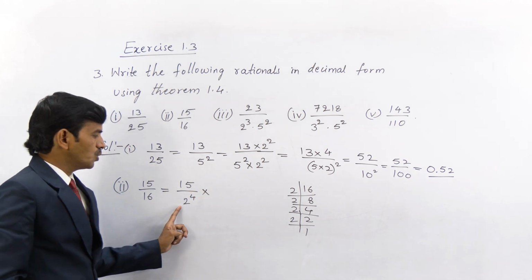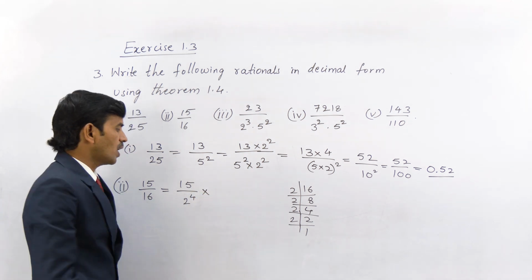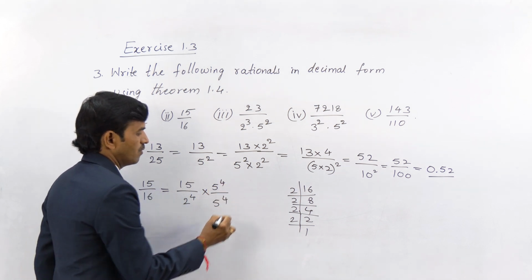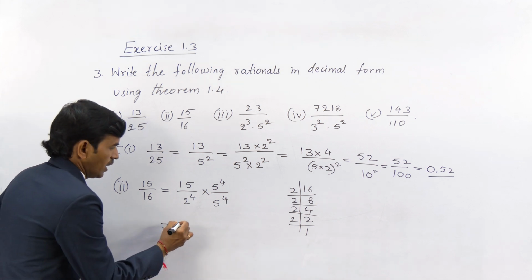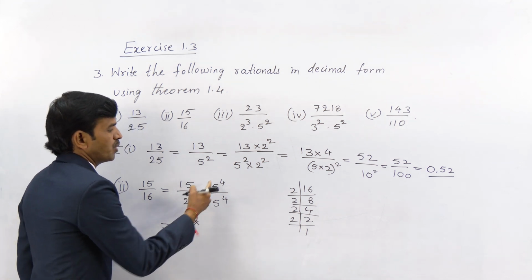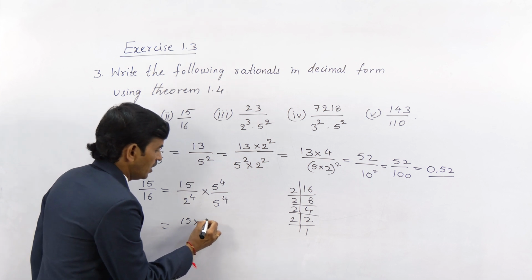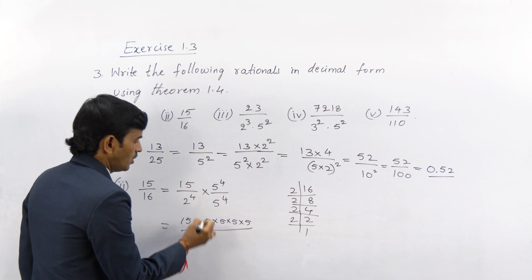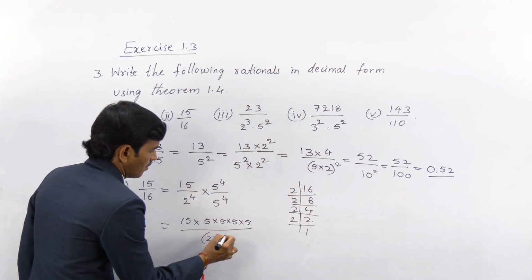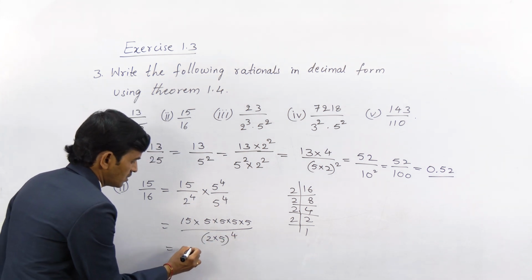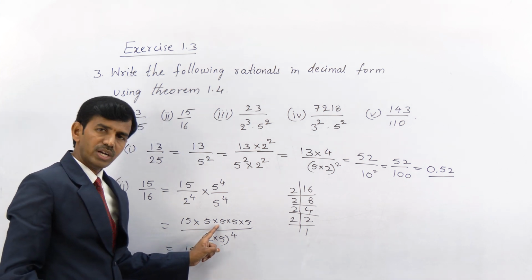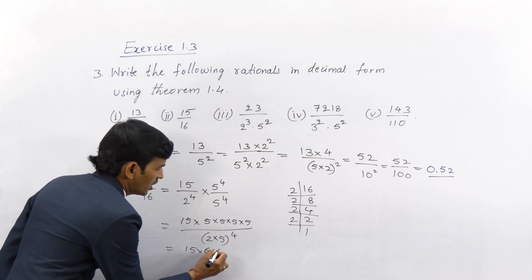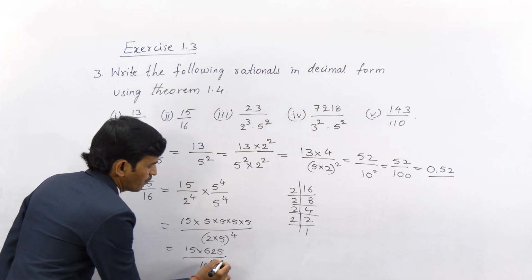As we need to convert into 2 power n into 5 power m format, it is to be multiplied with 5 power 4 by 5 power 4. So which gives us 5 into 5 into 5 into 5 by 2 into 5 whole power 4. 5 5s are 25, 5 5s are 25, 25 25s are 625, by 10 power 4.